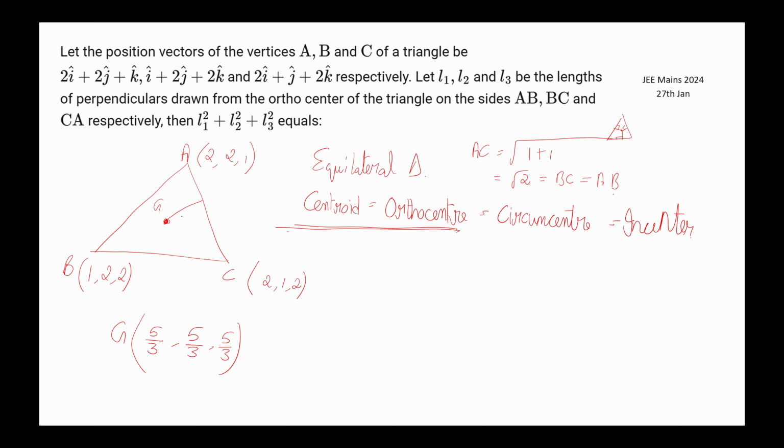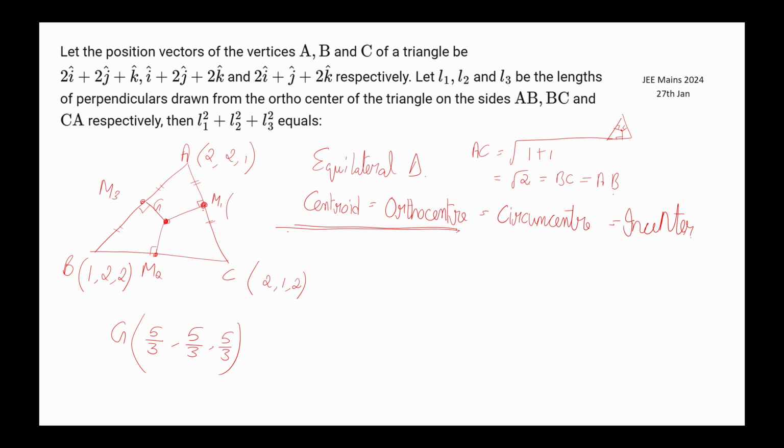Now from here what we are doing is we are drawing altitudes on the bases of this triangle. Now since this is an equilateral triangle, so of course this length is going to be equal to this. This is going to be equal to this. That means this point here is our midpoint. Let's say this is my M1, this is my M2 and this is my M3. So now we can find out our midpoints as well.